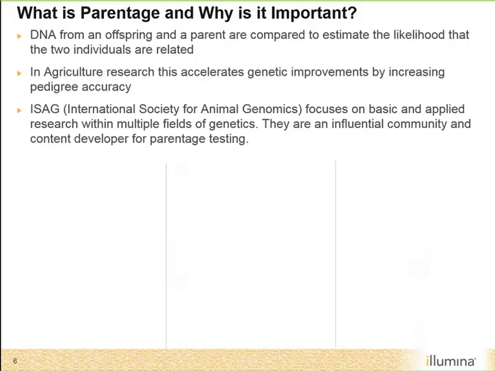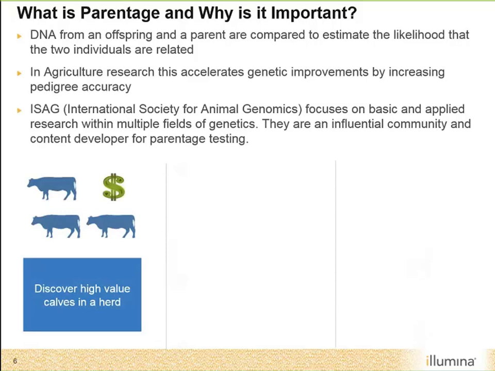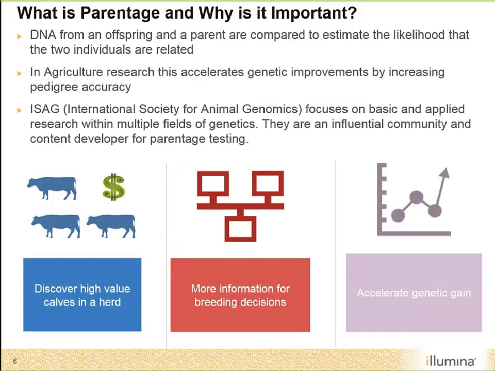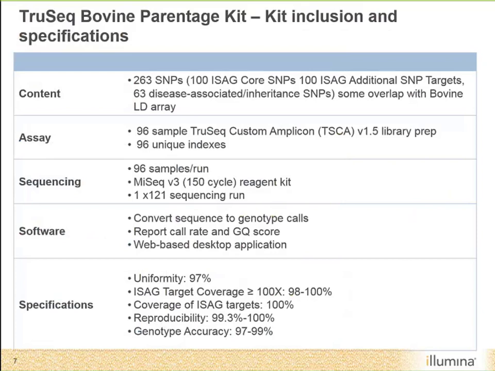Knowing parentage and pedigree is very important, like I mentioned, in agricultural research because it can help you discover high-value calves within a herd. It can also provide great information for breed decisions, and again, links back to pedigree accuracy and accelerating genetic gain.